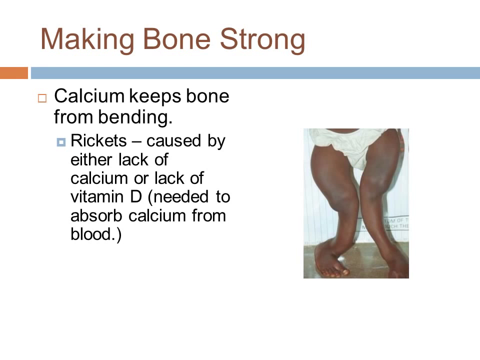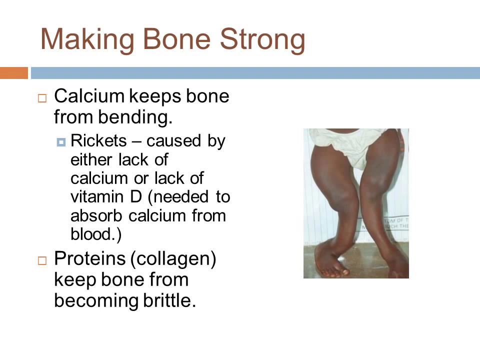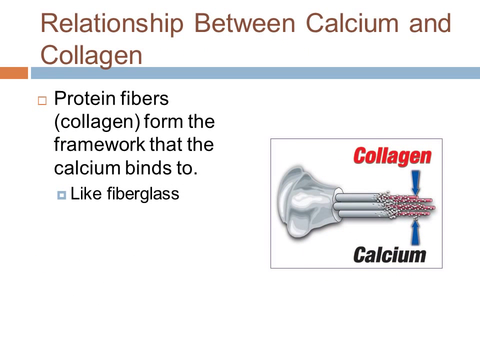Now, the second component making bones strong are proteins. In particular, the protein is called collagen. That keeps the bones from becoming too brittle. Now, the way protein fibers work, if anybody has ever worked with fiberglass before, you kind of know what I'm talking about.